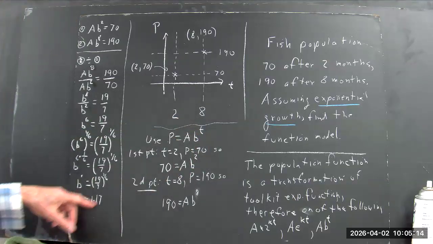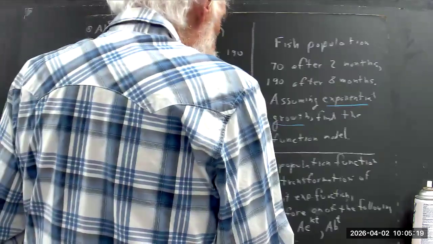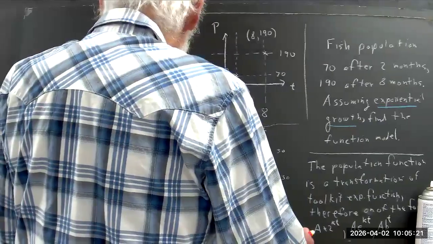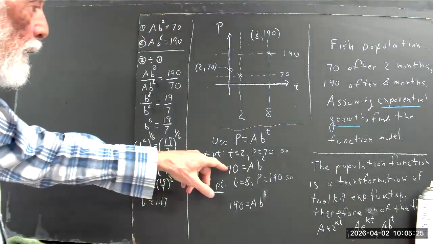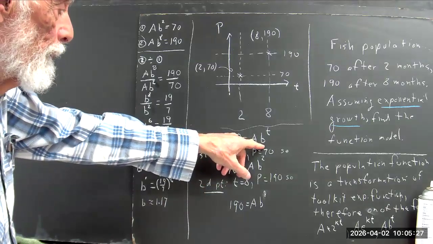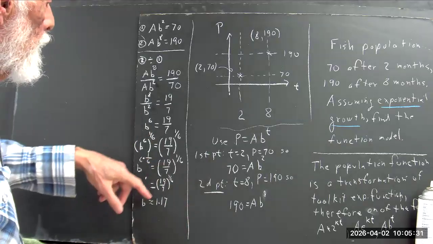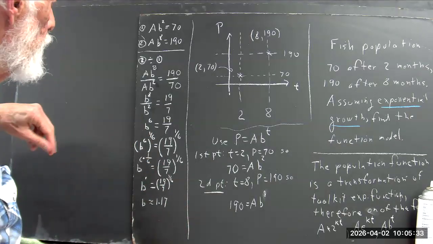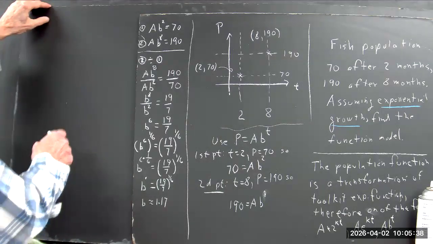Now we still don't know what the value of A is. So we're going to have to work out the value of A, but since we've already got the value of b, we can plug that value into either of our equations and solve for A. So I'm going to use the first equation.